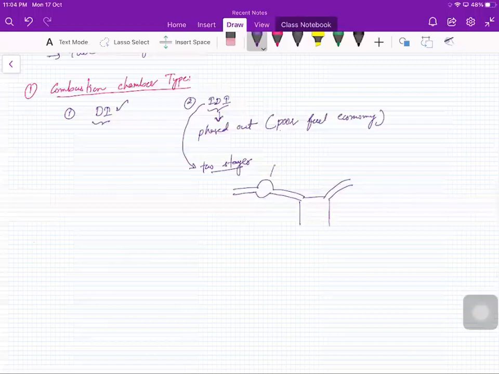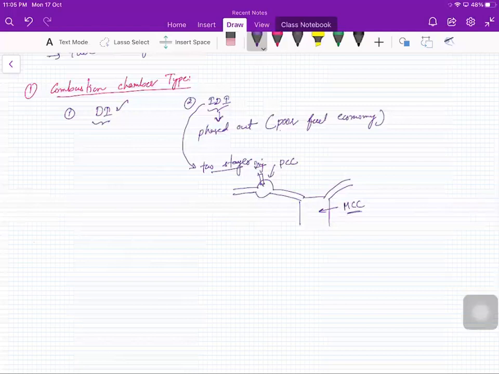This is our pre-combustion chamber, and this is the main combustion chamber. The injector will not be in the main combustion chamber; it will be in the PCC. So this is our injector.